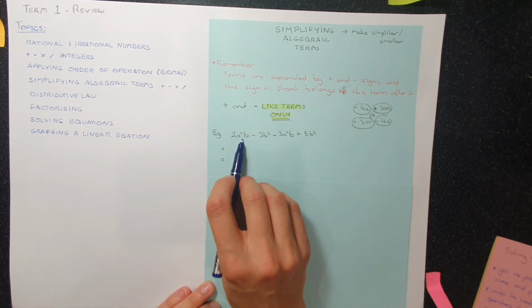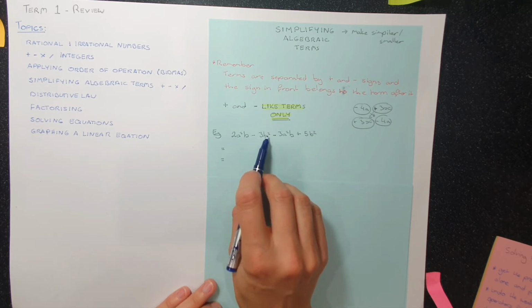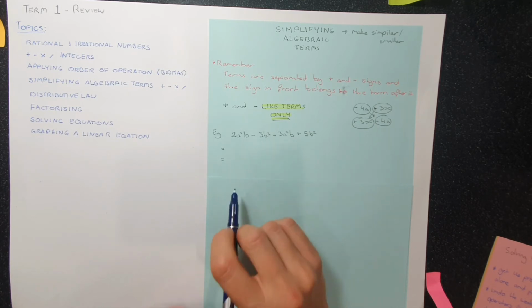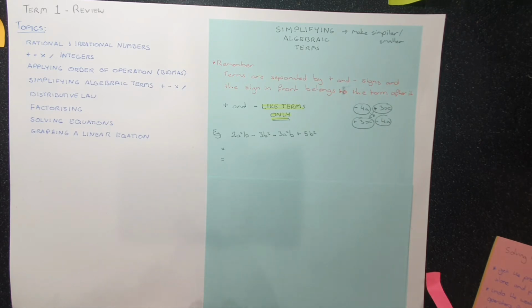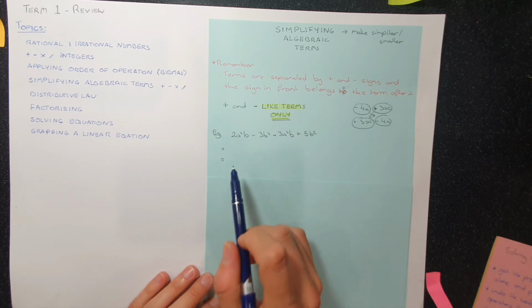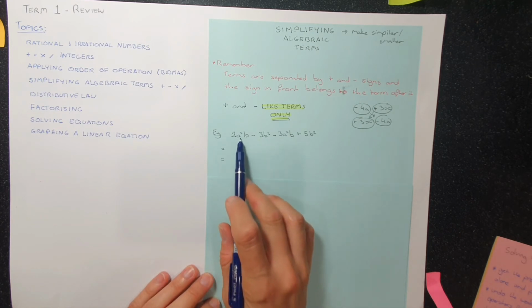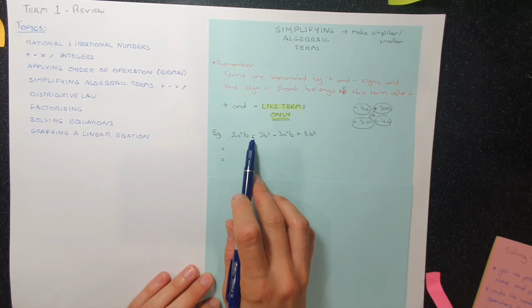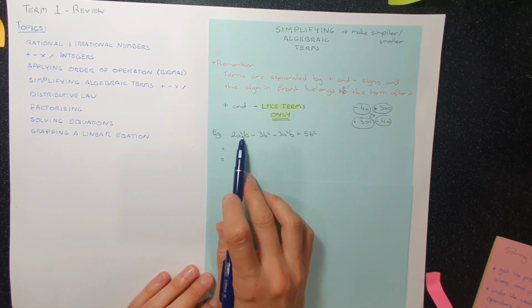2a squared b, take away 3b squared, take away 3a squared b, plus 5b squared. To identify the like terms, we have to have the exact same letters and powers. The number in front can change, the sign being positive or negative can change, but these letters and powers have to be the same.